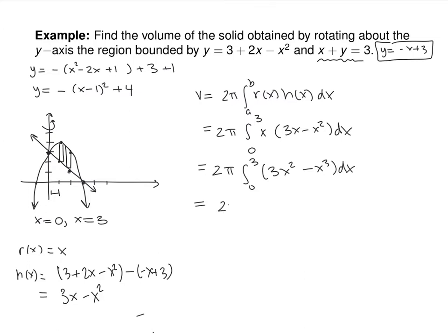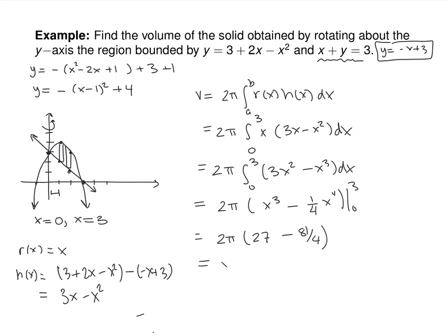And now antidifferentiate, and you're going to have the antiderivative of 3x squared is x to the third minus 1/4 x to the fourth, evaluated from 0 to 3. So that's 2 pi times 27 minus 81/4.